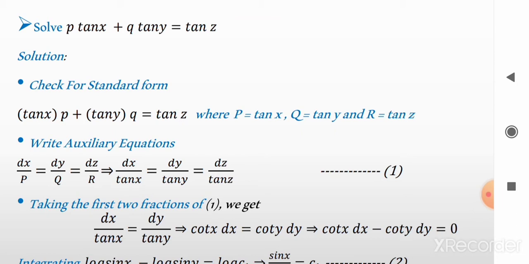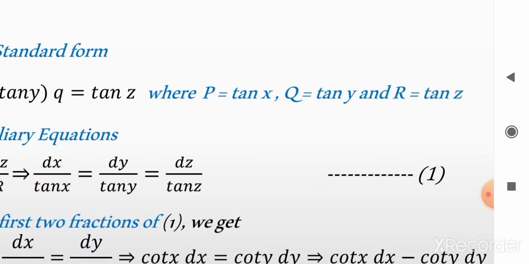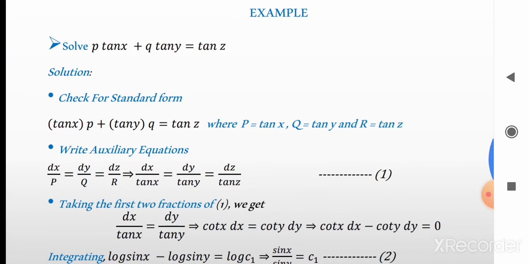So we identify capital P is equal to tan x, capital Q is equal to tan y and capital R is equal to tan z. So we have formed the standard form of Lagrange's equation.